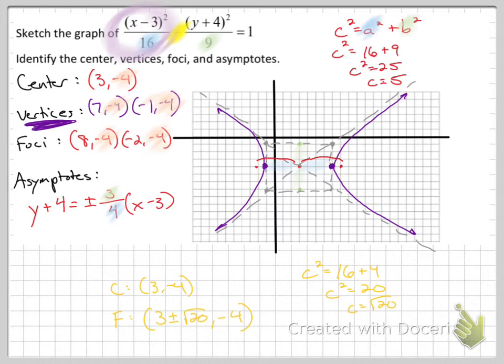But also, you have a picture, right? If you need to, make a slope triangle. You should clearly be able to see that it rose 3 and ran 4. So one of them is uphill, positive 3/4, and the other one is downhill. Don't do anything else with this. Do not distribute the 3/4. Don't move the 4. Just leave it just like this. This is our answer to both asymptotes.